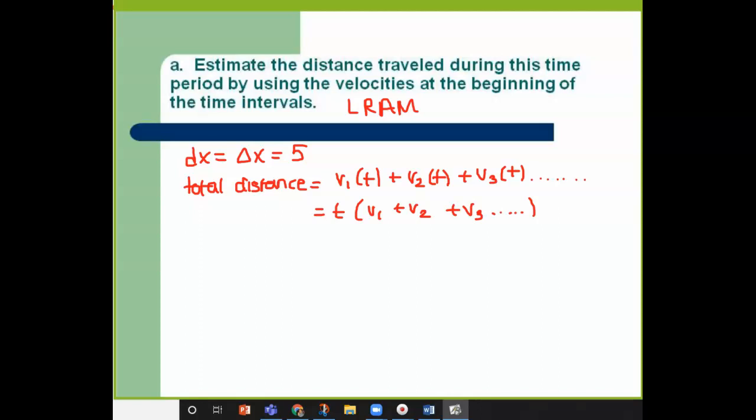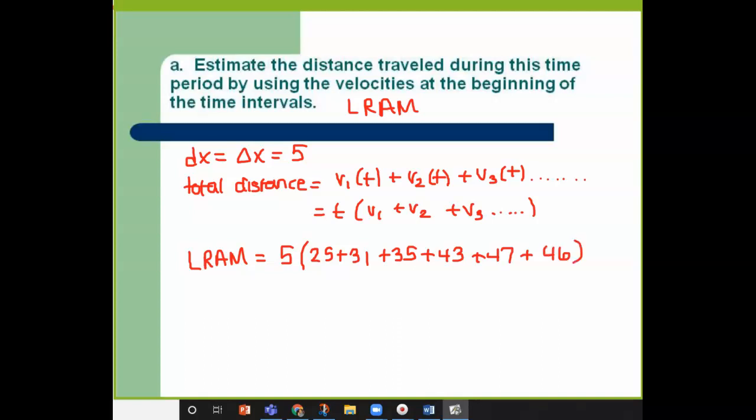So for the left Riemann sum in this case, my time is always 5. And then what I'm going to do is pick the velocities on the left side of the table. So I'm going to pick 25, 31, 35, 43, 47, and stop at 46.